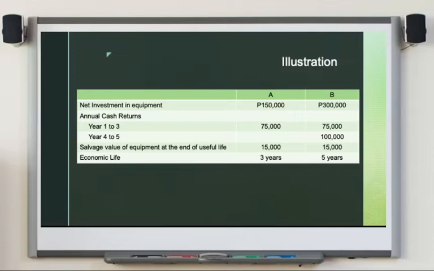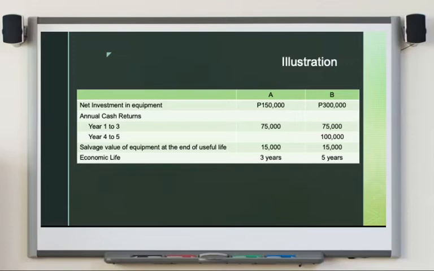For the annual cash return for years 1 to 3, for proposal A, they will be receiving 75,000, and for proposal B, 75,000 as well. For years 4 to 5, you will not receive anything from proposal A. However, in proposal B, you will be receiving 100,000 every year.